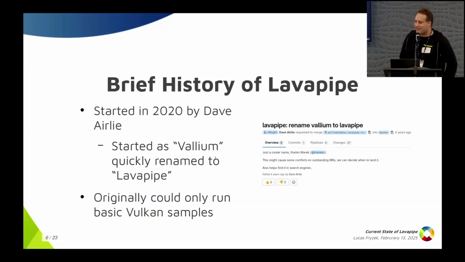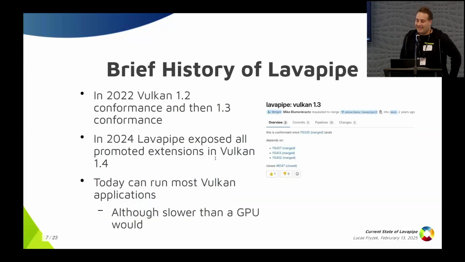And originally it was not conformant. It could run a few samples, but chances are it would probably crash on anything that you wanted to run against it. In 2022, it reached 1.2 conformance, and very shortly after, 1.3 conformance. And as I mentioned before, in 2024, it now exposes all the extensions required for Vulkan 1.4.